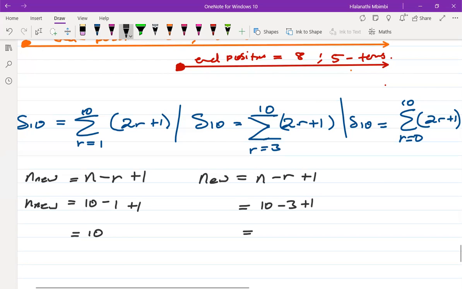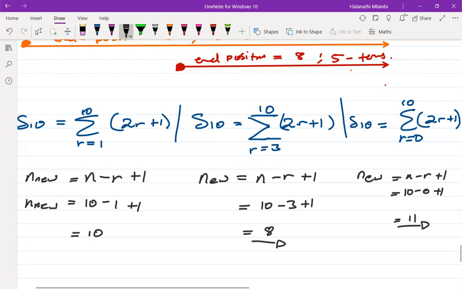And there, the new n is n minus r plus 1. Your n is 10, your r is 0. So here you're going to be adding 11 things, 11 terms.